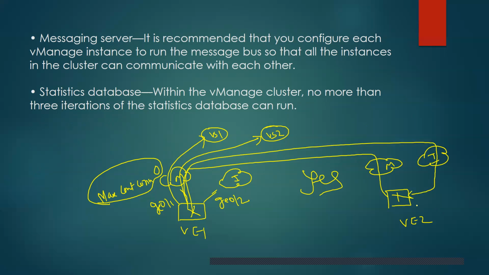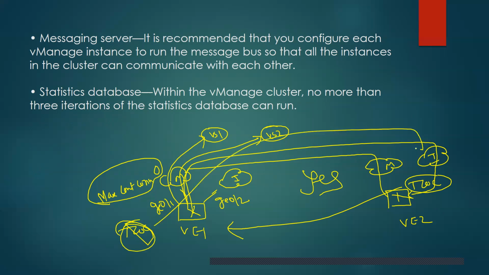because to form the IPsec tunnel, this device needs the T-loc information of the remote end, and the remote end needs the T-loc information of this end. Even though you are limiting the control connection, you are still sharing your T-loc information with the vSmart via the internet.